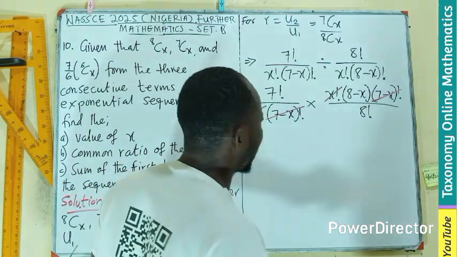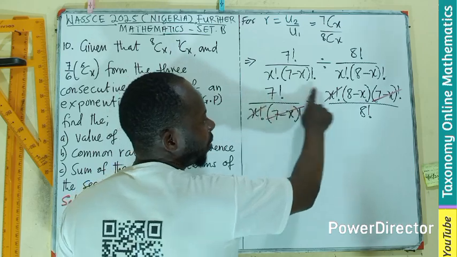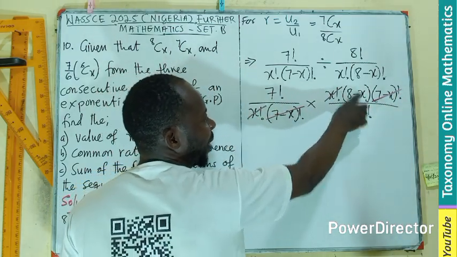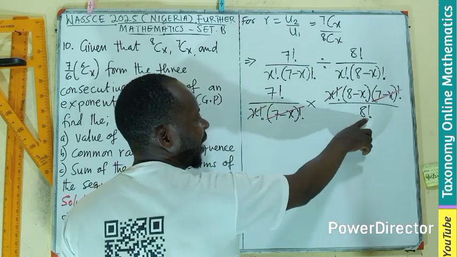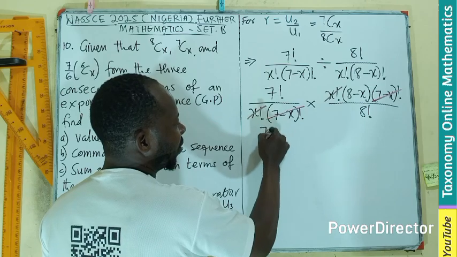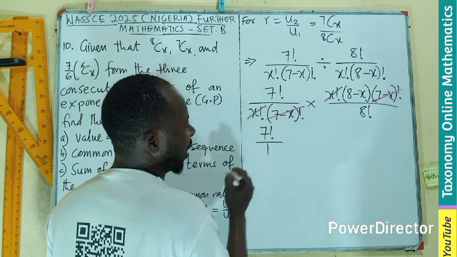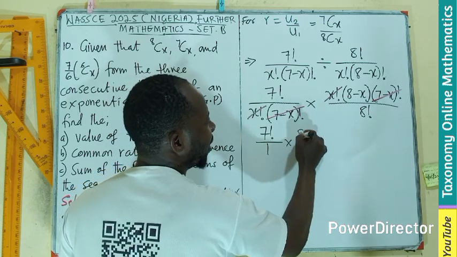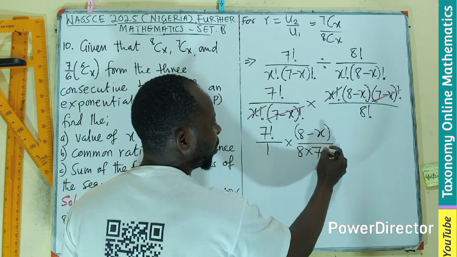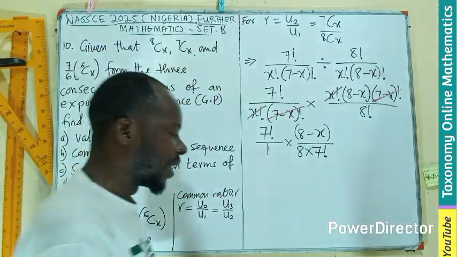So if that is out of the way, we should be left with 7 factorial divided by 1, multiplying 8 minus x, divided by 8 times what? 7 factorial. Just like I explained in the beginning, I'm only reducing it one step further.